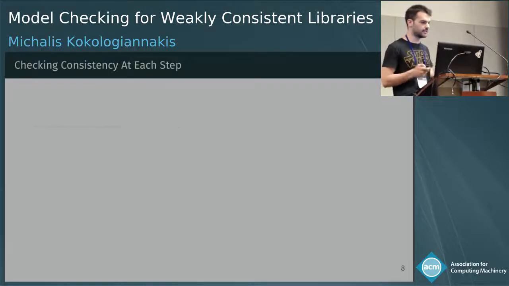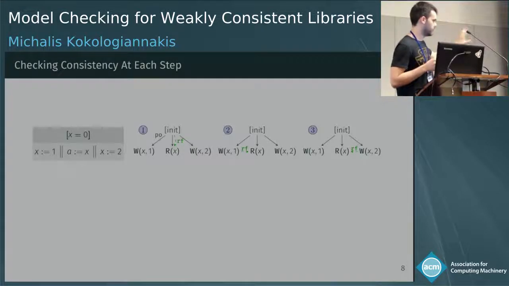And what this means is that if we have the same program as before, with the same 3 graphs, the same 3 executions, we would like to be able to generate each of these graphs incrementally, starting from the empty graph, then add events one by one, and then arrive at each execution, and only make consistent options so we don't have to consider any inconsistent graphs and keep inconsistent graphs around.